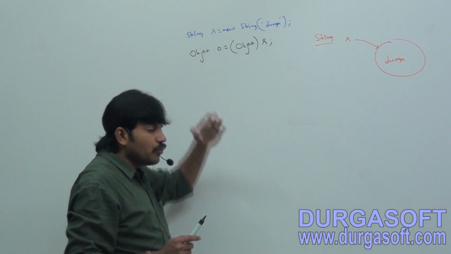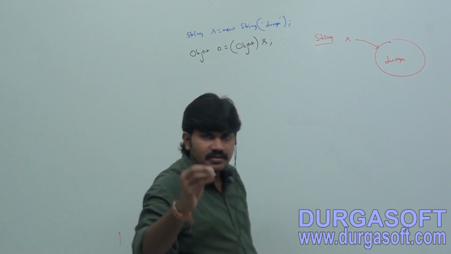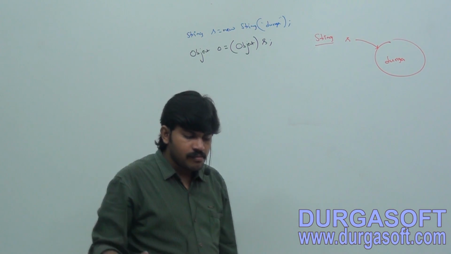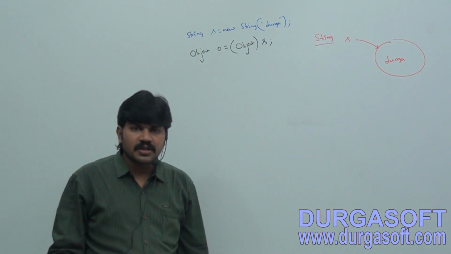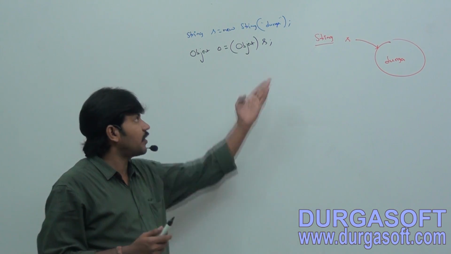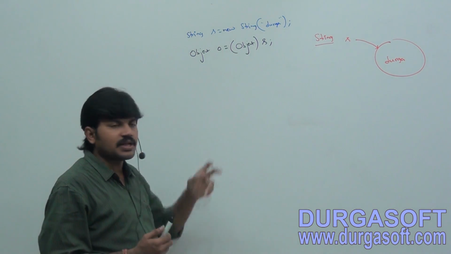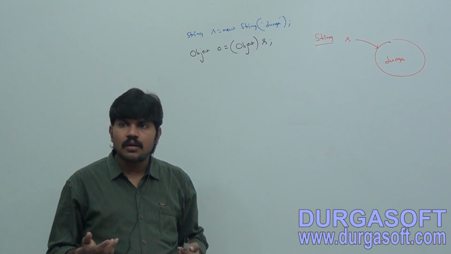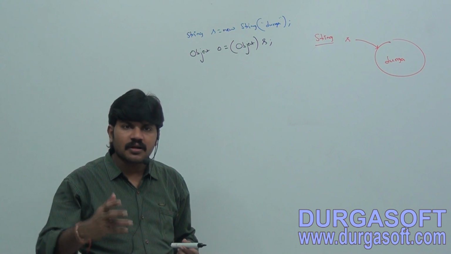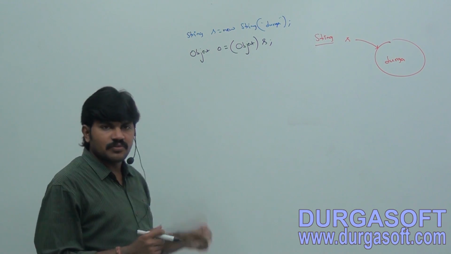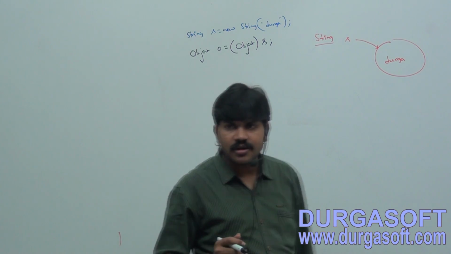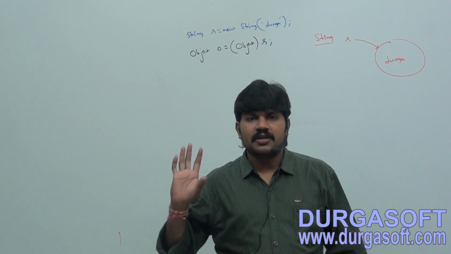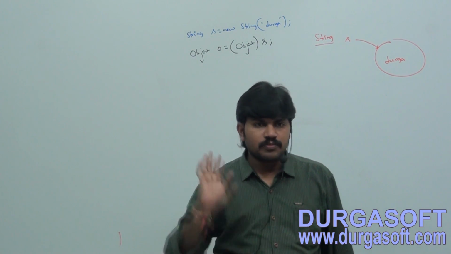Now, because of this typecasting, did a new object get created or not? Sir, I am performing typecasting. Because of this typecasting, will a new object be created or not? Make sure, strictly speaking, through typecasting we are not creating any new object.